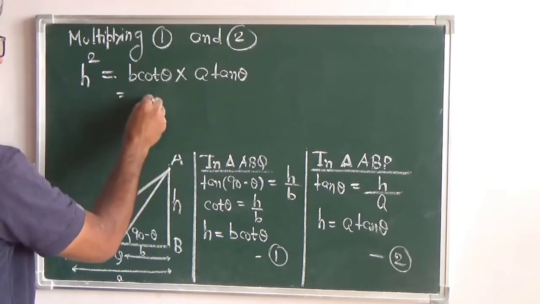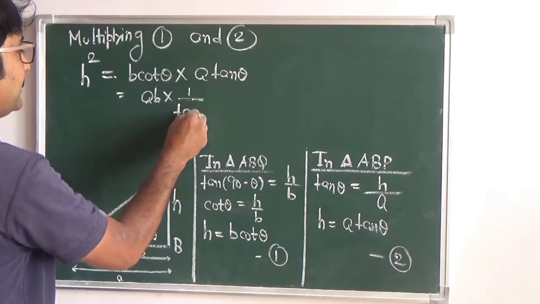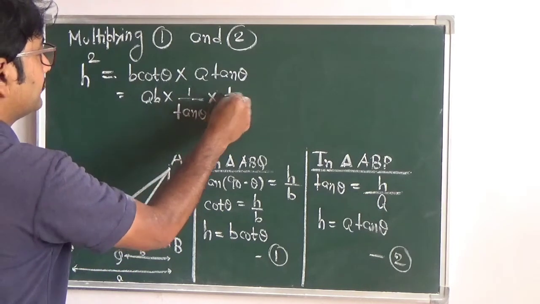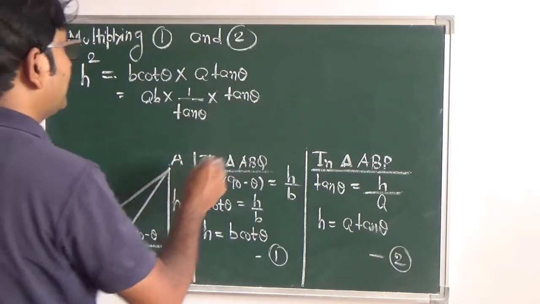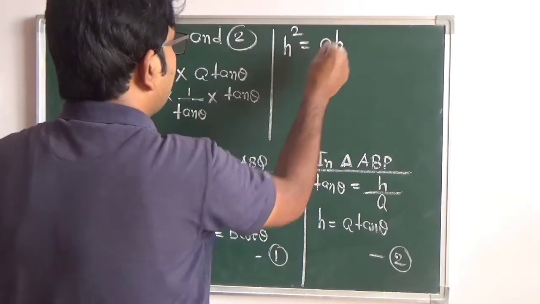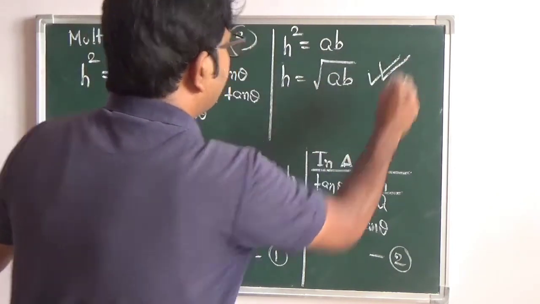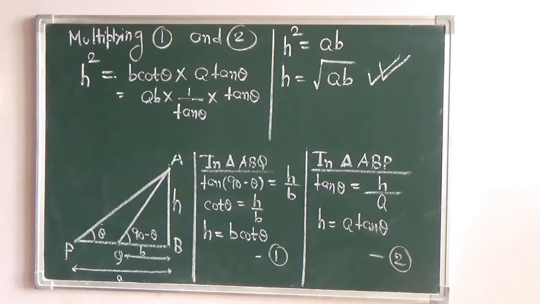So it is a into b, and cot theta is 1 by tan theta, they are reciprocal ratios. So we have h square equals ab, or h equals root over ab, and thereby the height of the tower is obtained as root over ab units.